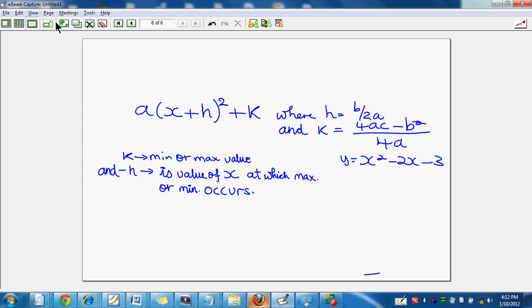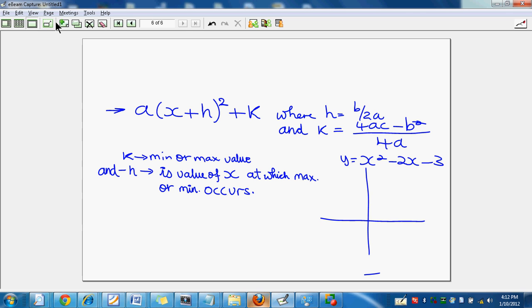So we know it's going to be curving upwards with a minimum point. But where's that minimum point? What's the value of the minimum point if you want to sketch it? You could find it by expressing the function in this format, where h is b over 2a and k is 4ac minus b squared over 4a.